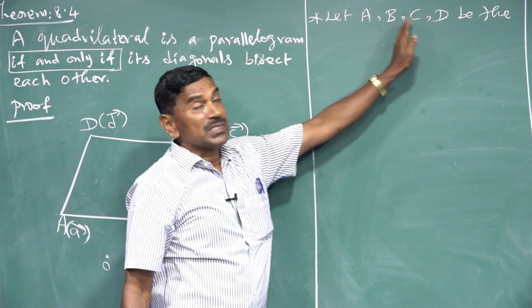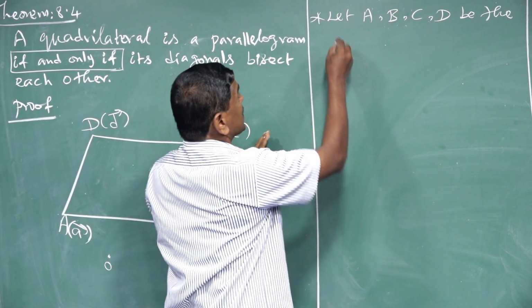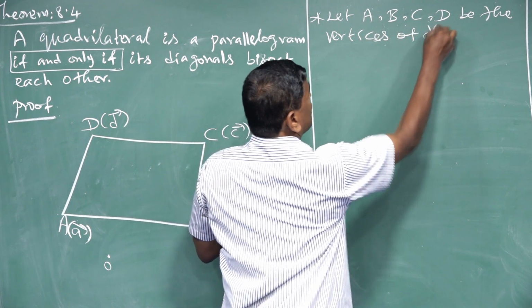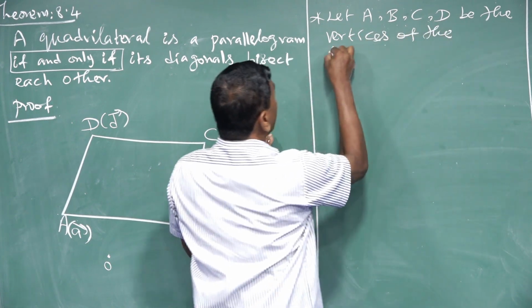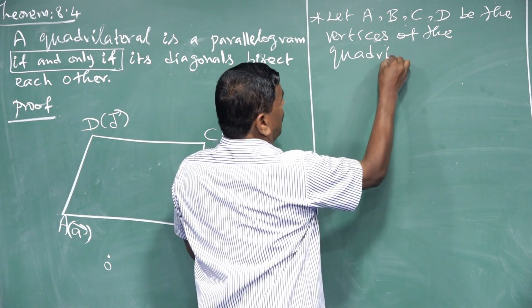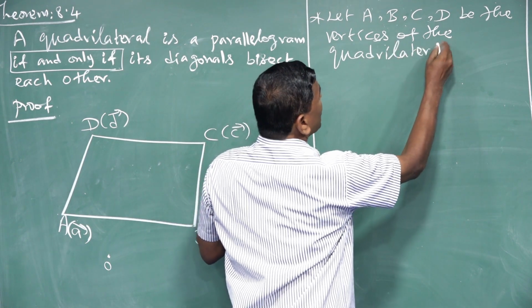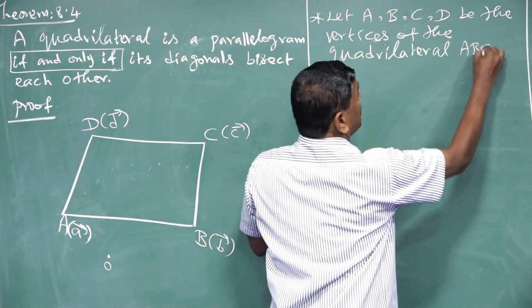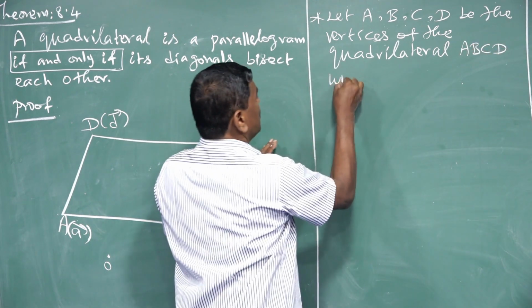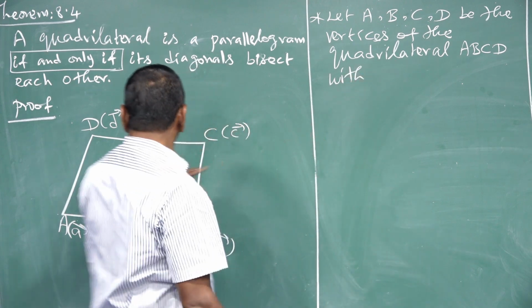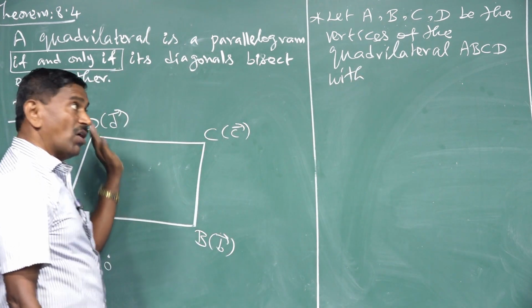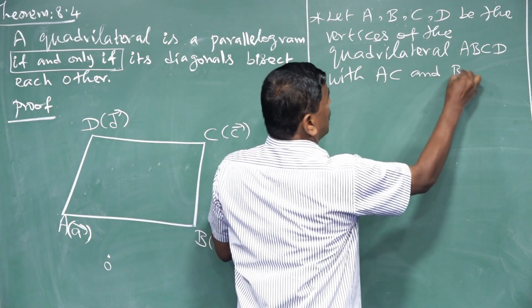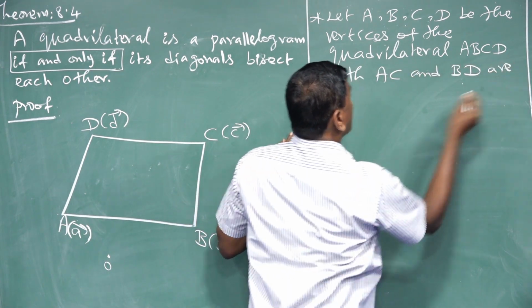Let A, B, C, D be the vertices of the quadrilateral ABCD with AC and BD as the diagonals.